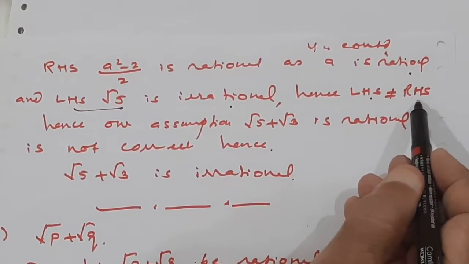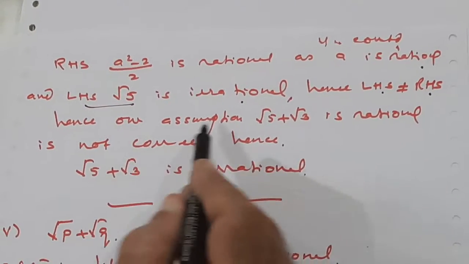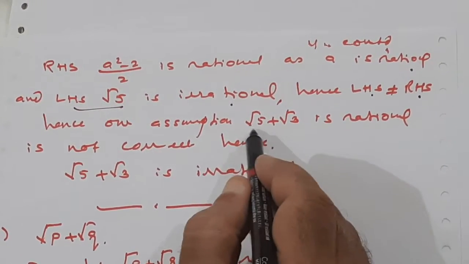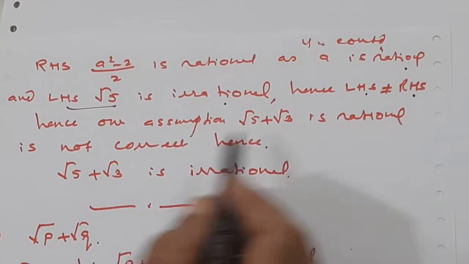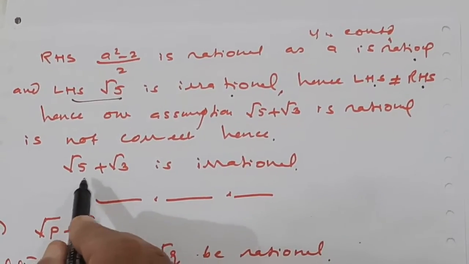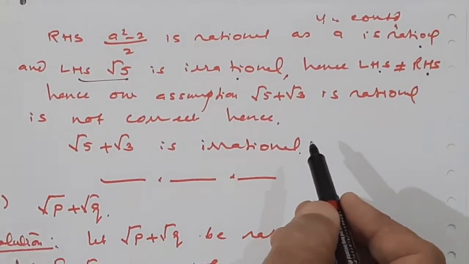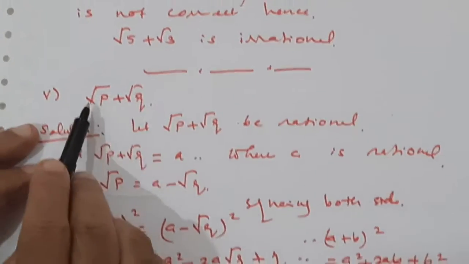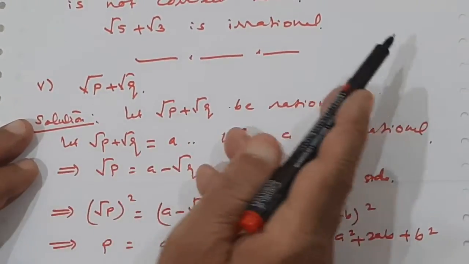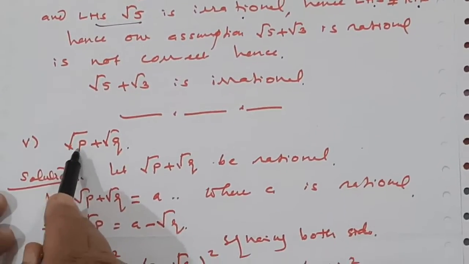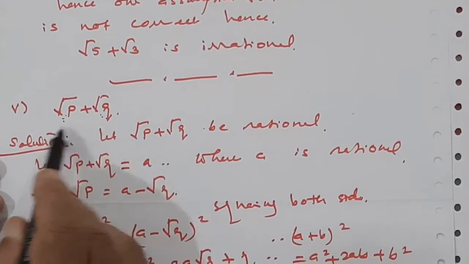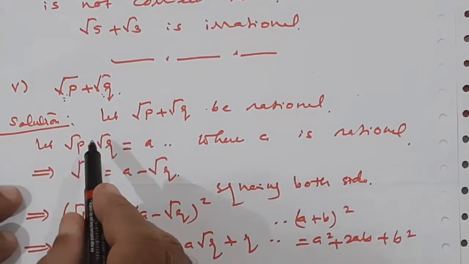Hence left hand side cannot be equal to right hand side. Hence our assumption root 5 plus root 3 is rational is not correct. Hence root 5 plus root 3 is irrational.